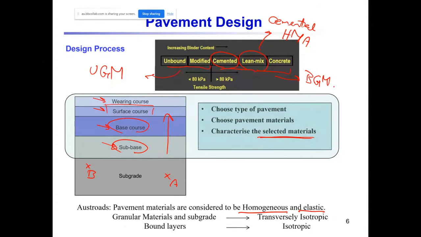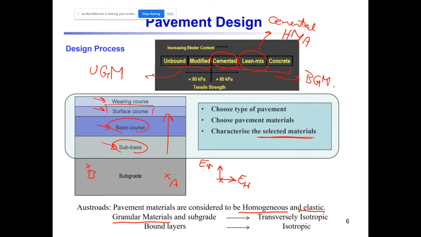For granular materials with tensile strength less than 80 kPa, we need to consider the behavior as transversely isotropic. We need to consider the degree of anisotropy. And what does that mean? It means that in different directions, the material parameters are different. For example, in the vertical direction and in the horizontal direction, the values are different.